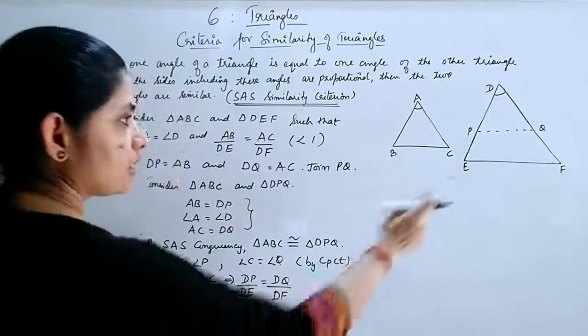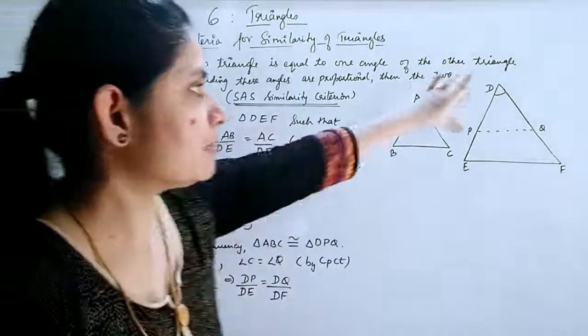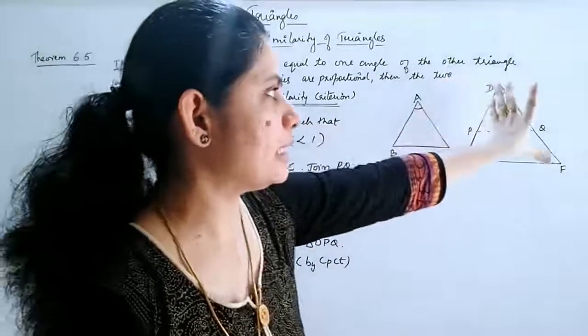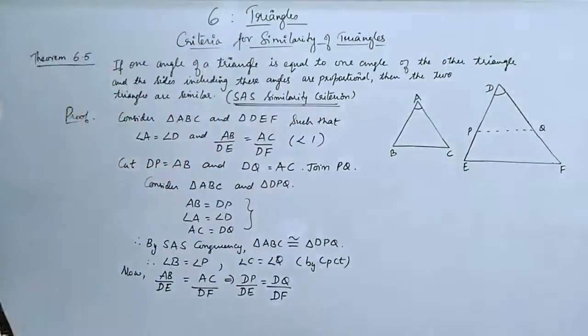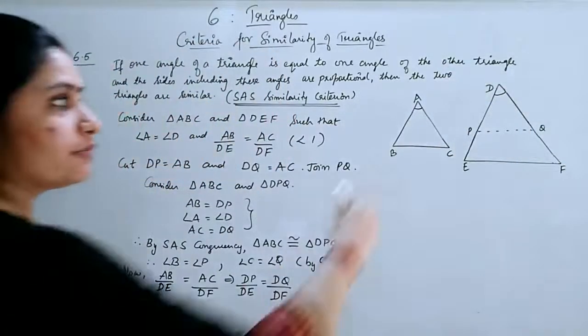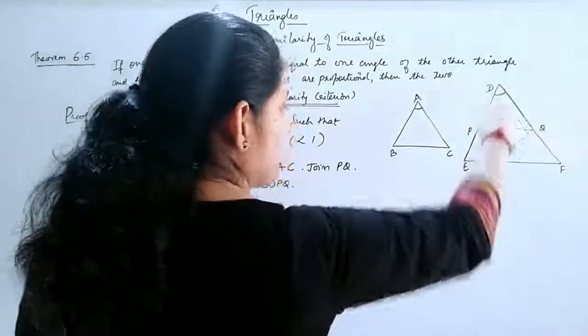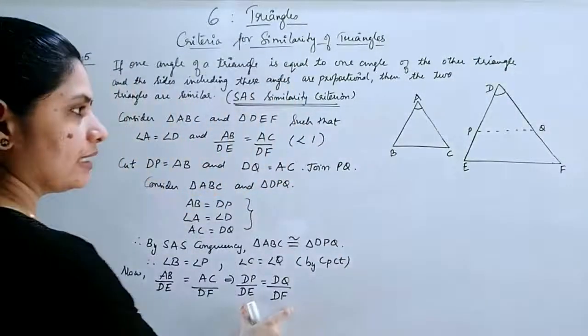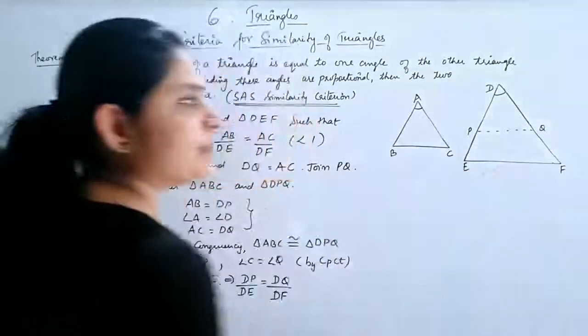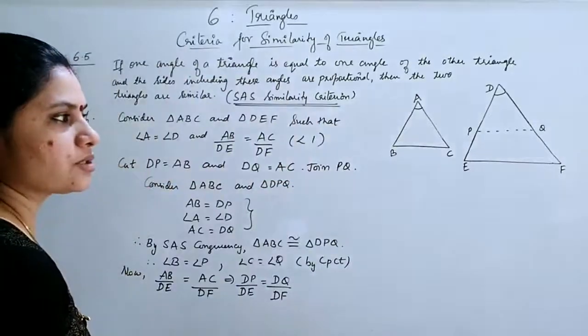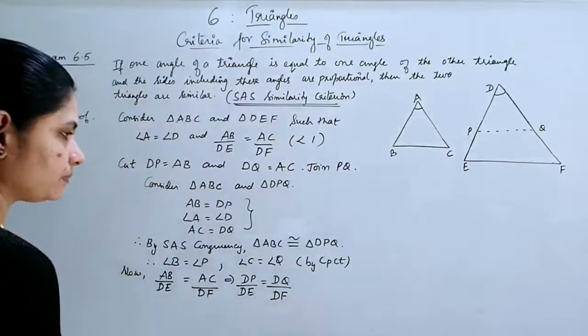Now in the figure, in this triangle, DP by DE is equal to DQ by DF, which means by the converse of BPT, if this fraction is satisfied, these two lines will be parallel, that is PQ is parallel to EF.